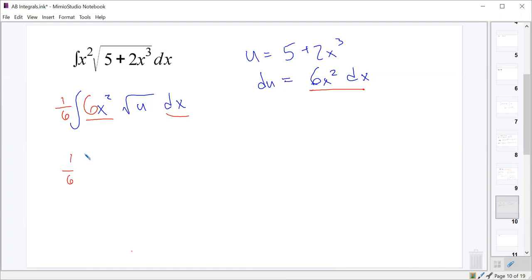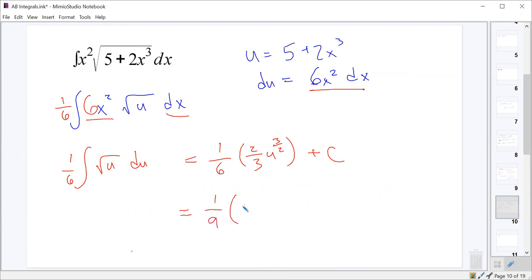So we've got 1/6 the integral now of root u du. And what's the integral of root u, or u to the 1/2? That should become 2/3 u to the 3/2 plus our constant. And what does that end up becoming? 1/6 of 2/3 ought to be 1/9. So we've got 1/9 u, which I'll replace with 5 plus 2x cubed, to the 3/2 plus a constant.